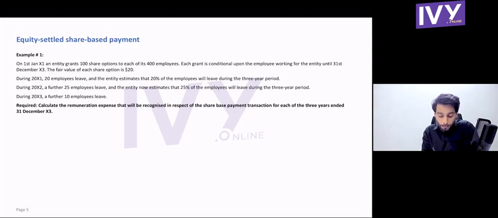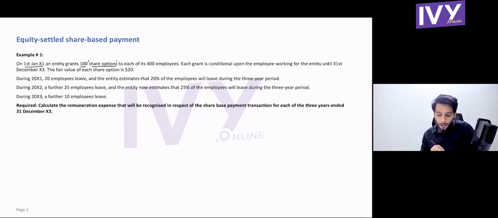In this example, examiner says that on 1st January X1, an entity grants 100 share options. Now, whenever in a question you see share options written, that means the examiner is talking about equity settled share-based payment.